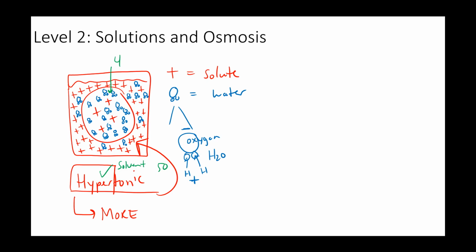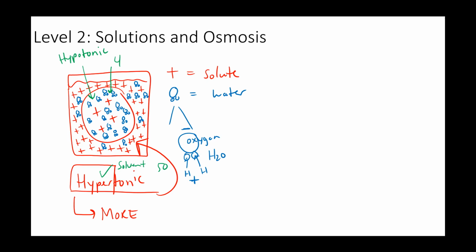So because of that, the solution surrounding the cell is hypertonic, making the inside hypotonic, containing less solute. The flip side of that, you can see here, based on all these water molecules inside the cell, is that there's more water inside the cell freely available to undergo osmosis than outside the cell.